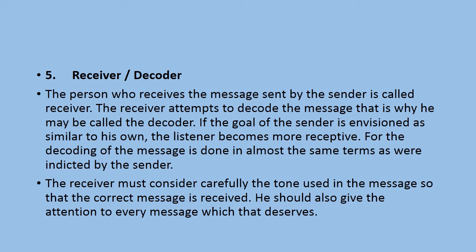If the goal of the sender is envisioned as similar to his own, the listener becomes more receptive, for the decoding of the message is done in almost the same terms as were indicated by the sender. The receiver must consider carefully the tone used in the message so that the correct message is received. He should also give the attention to every message that it deserves.